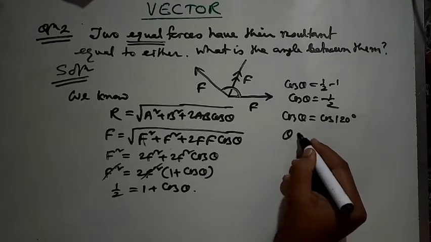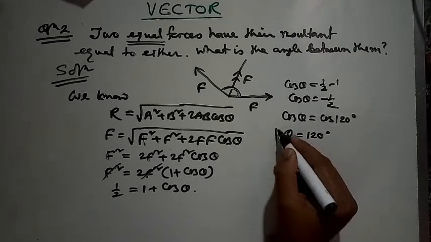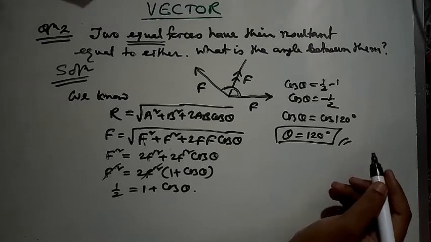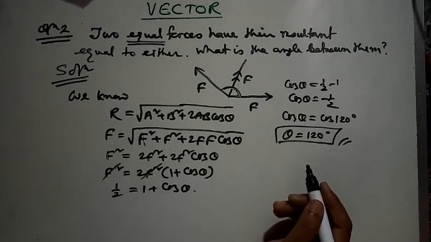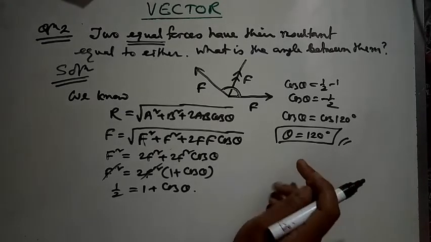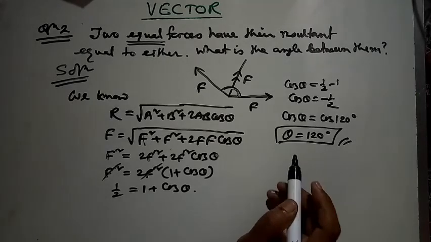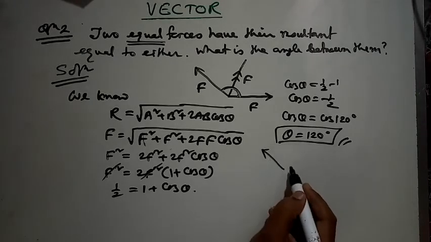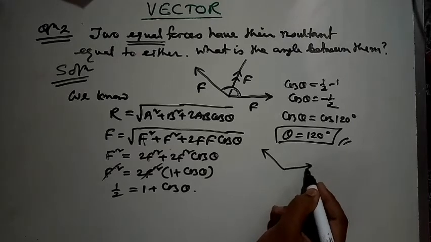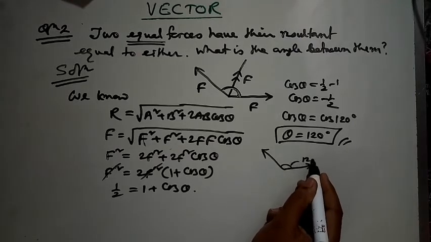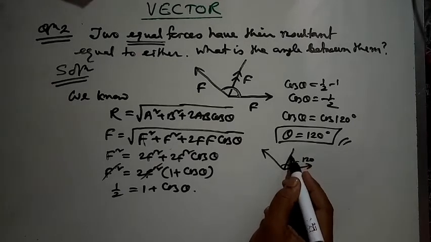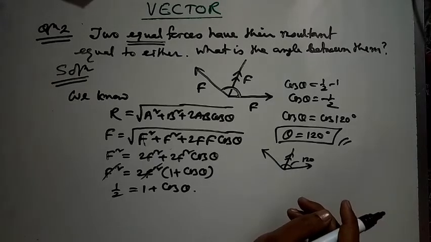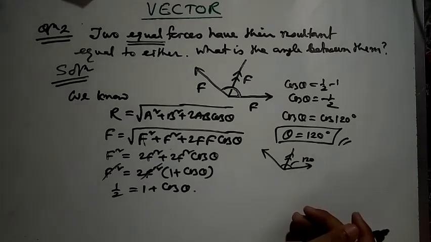So theta is equal to 120 degrees. Remember, this is the most common question, normally asked. So this is the answer: if two vectors of equal magnitude are inclined at 120 degrees to each other, the resultant is also of the same magnitude. Very good.